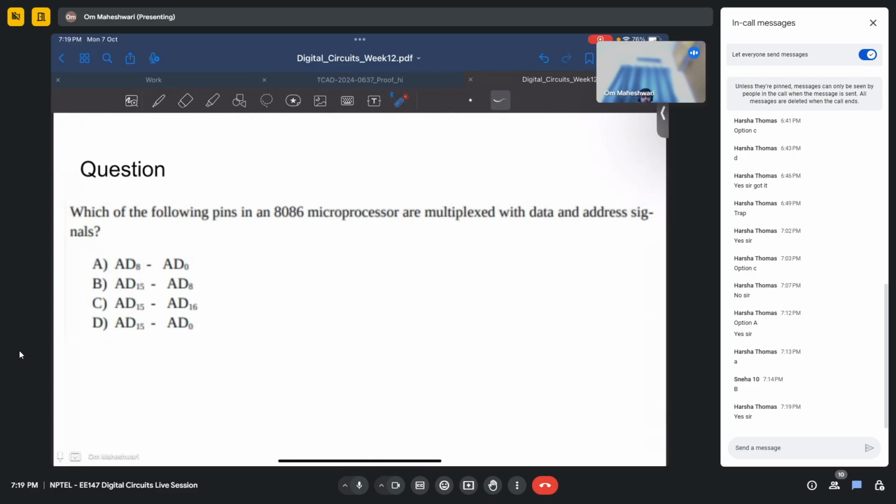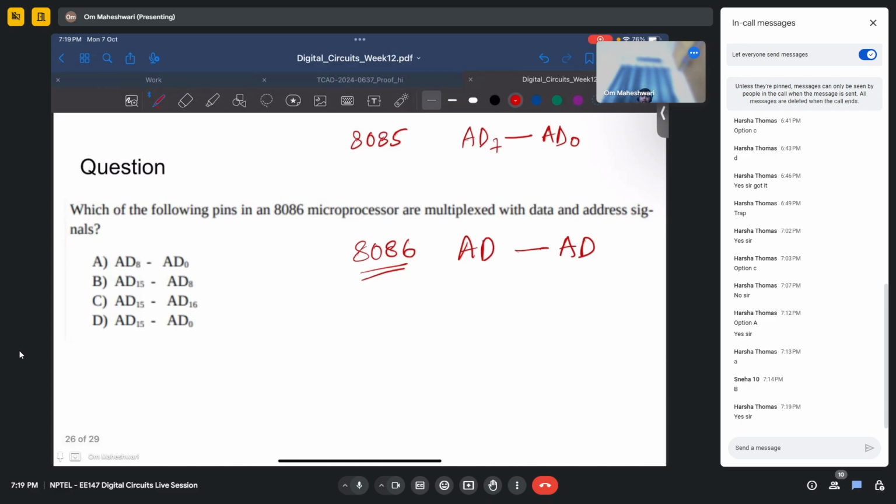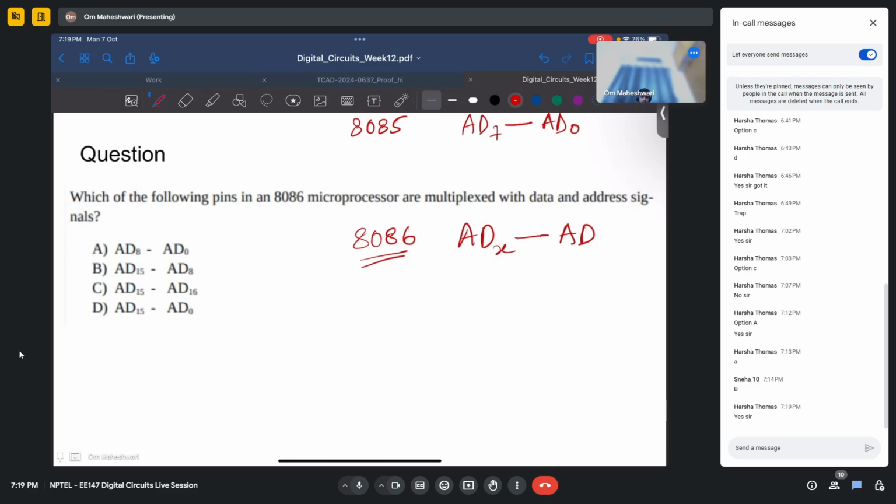Which of the following pins in 8086 microprocessor are multiplexed with data and address signals? So like in 8085, we have the lower order address bus multiplexed, right? We have AD7 to AD0. Similarly, in 8086, we also have multiplexed address and data bus, but how many of them are there? Anyone knows this?